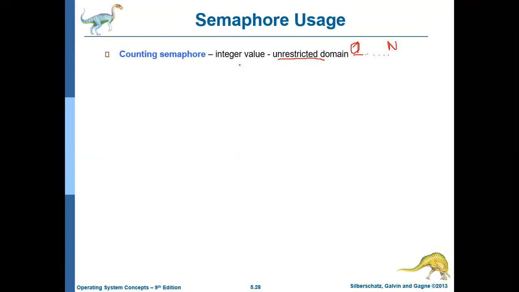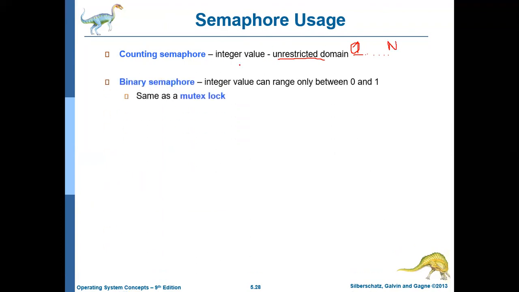The second type is binary semaphore. Binary semaphore can take only values between 0 and 1, and the binary semaphore is similar to mutex lock. If the mutex lock feature is not available in your system, then it can be implemented using binary semaphore.